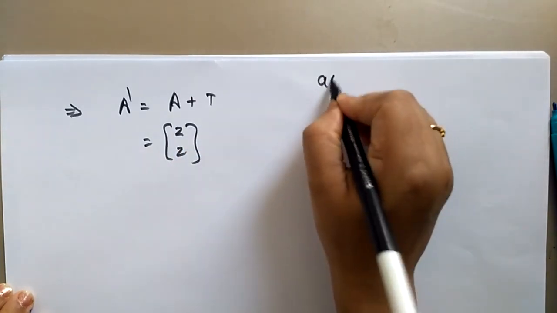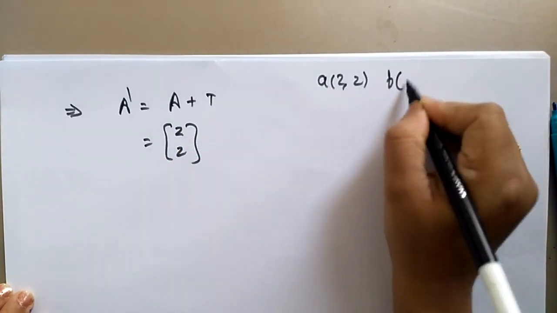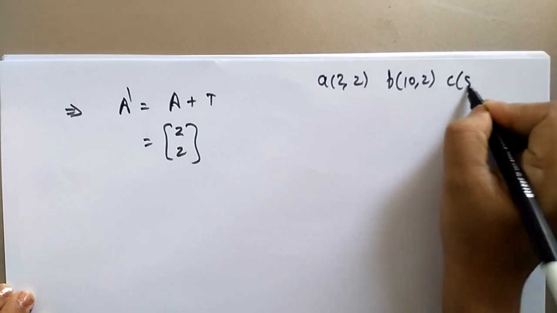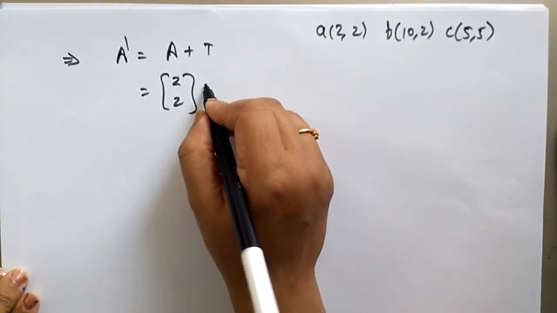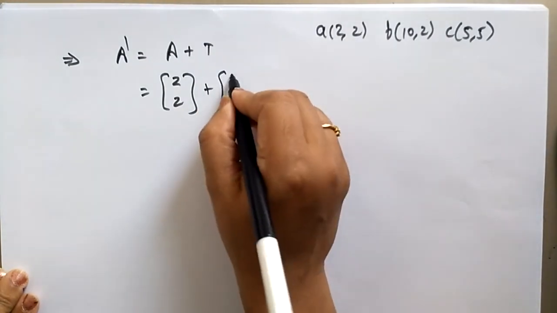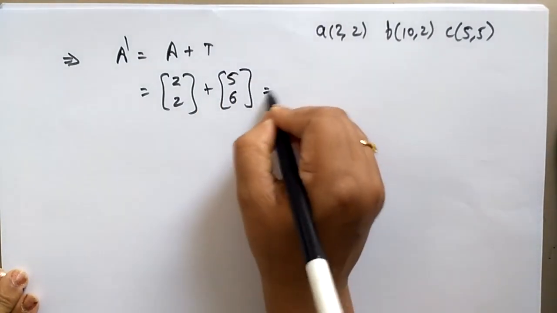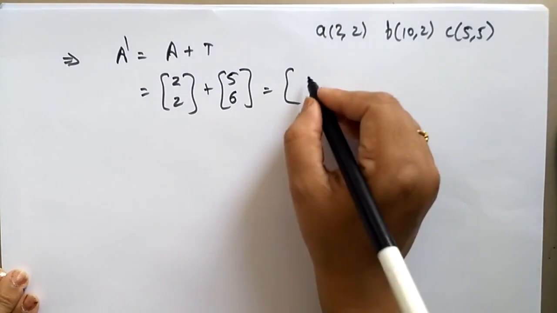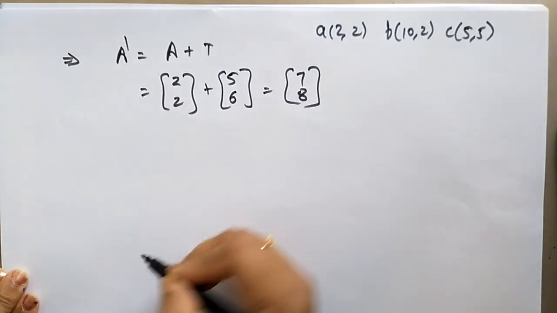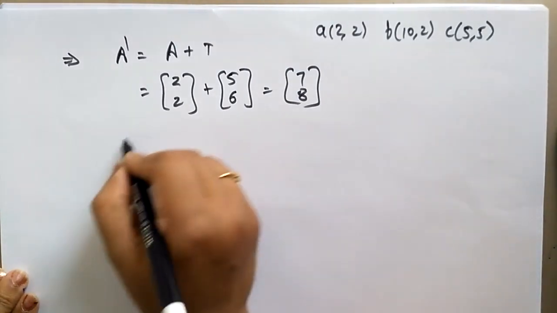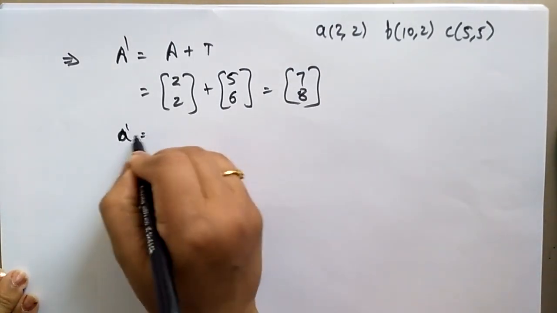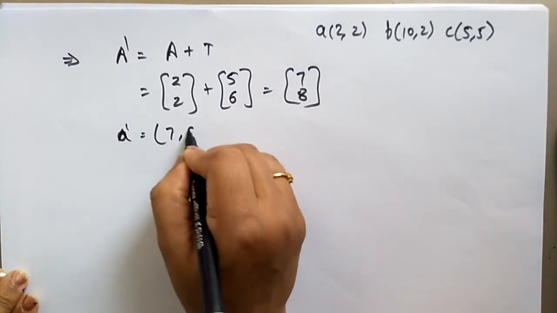Let me write A is 2, 2 and B is 10, 2 and C is 5, 5. Okay. And T, what are they given? Dx and dy they are given as 5 and 6. Now add. What you will get? 7, 8. So what are the new coordinates of A dash? A dash is 7, 8.